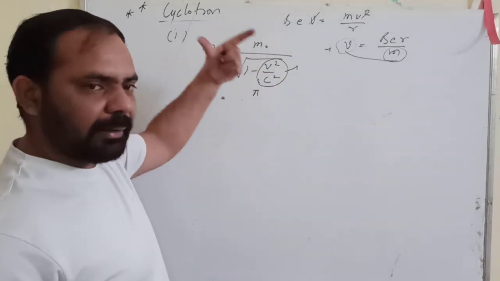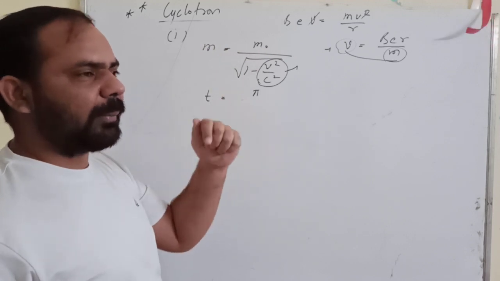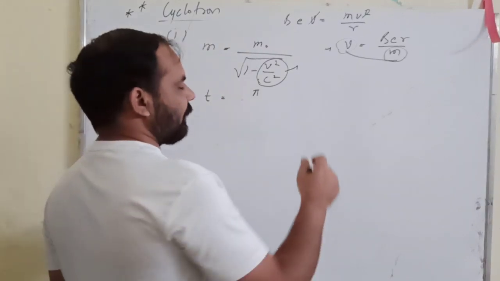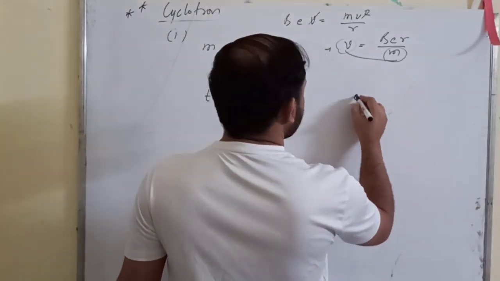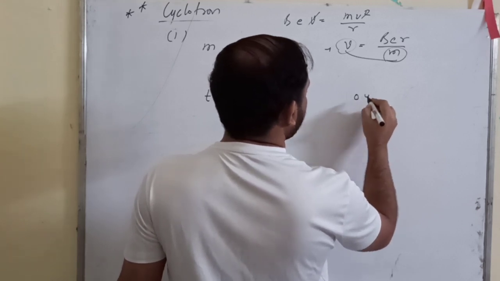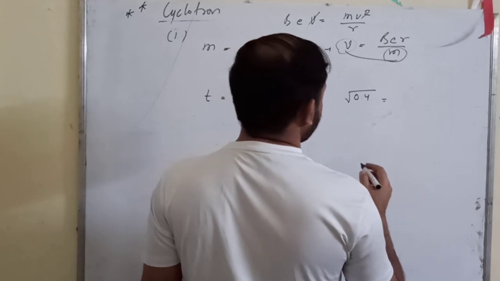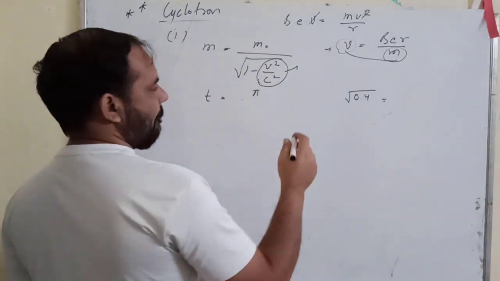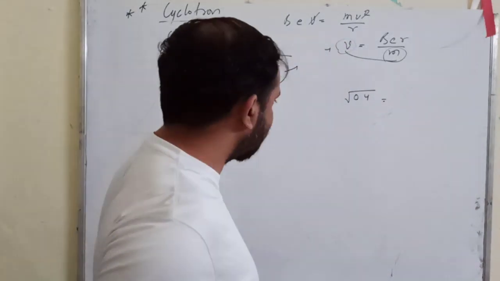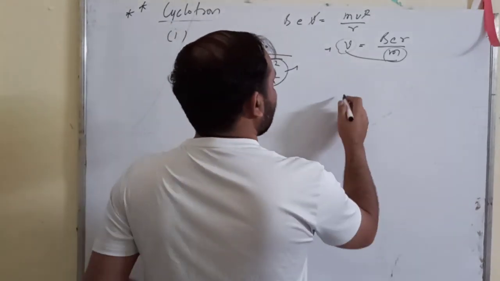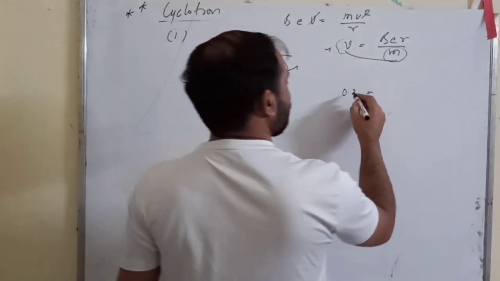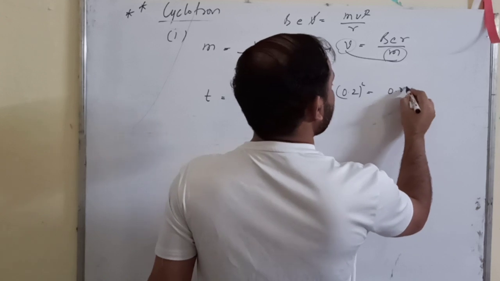It will increase. Square root of a number less than 1: suppose you have 0.04, we have 0.2 squared equals 0.04.